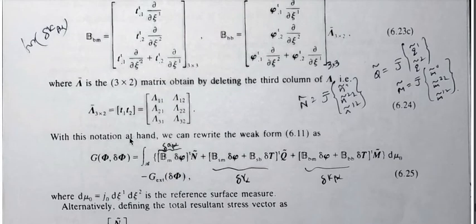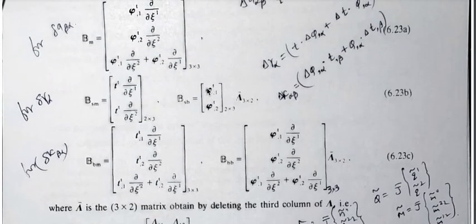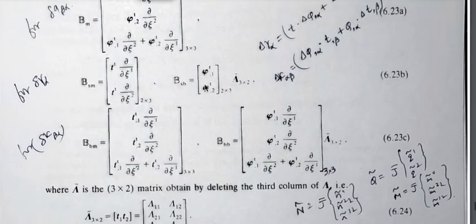So Bm times delta phi is representing delta A beta alpha. Similarly, Bsm delta phi plus Bsb delta t is representing delta gamma alpha, and Bbm delta phi plus Bbb delta t is representing delta kappa beta alpha. All these operators are given over here.